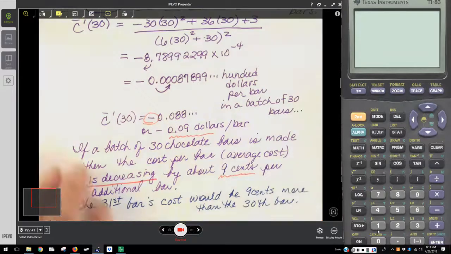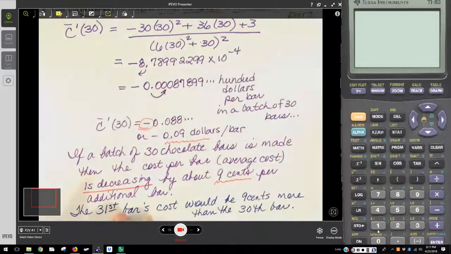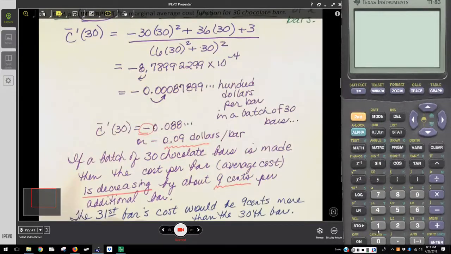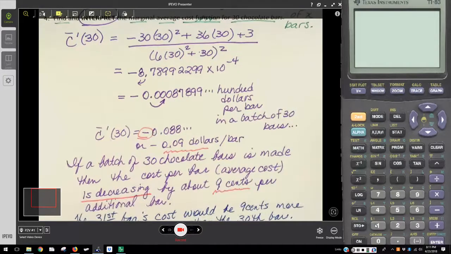Because in a practical sense, that's actually what that means. But that's the interpretation. Just being able to do the math is not the focus. You need to be aware of how to explain what the answer means to somebody that has no idea what marginal average cost is.